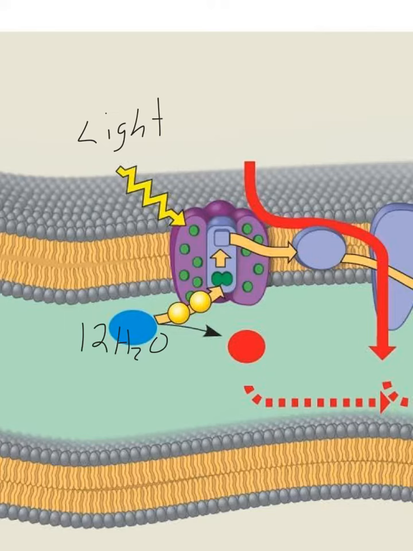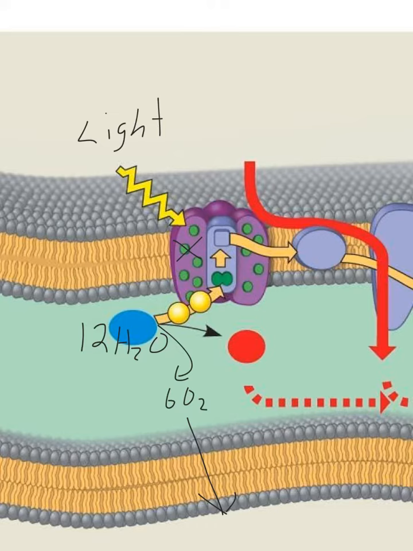Well, light collected by photosystem 2 is going to break apart that water, and when it does, we're going to end up with 6 O2s, 6 oxygen molecules, which are going to exit as a waste. We know that happens in photosynthesis.